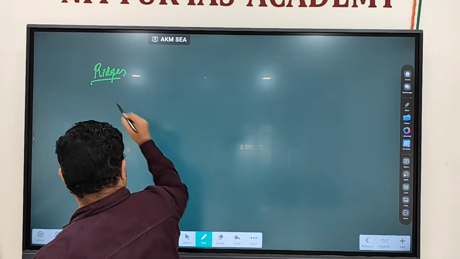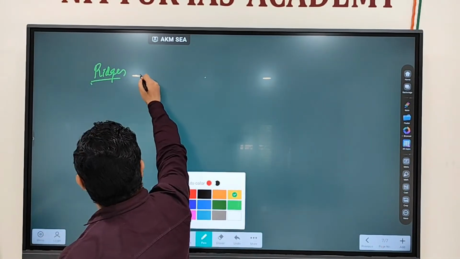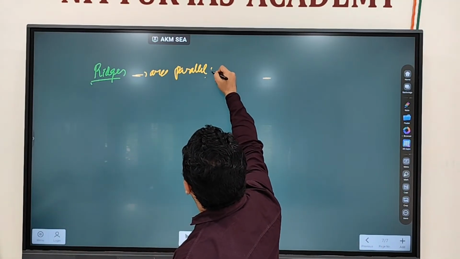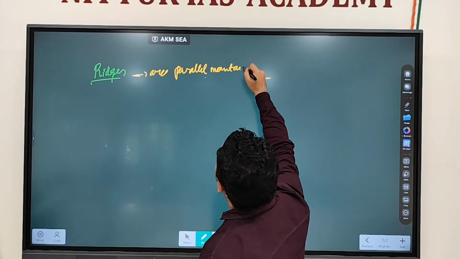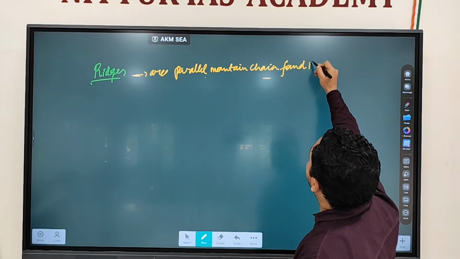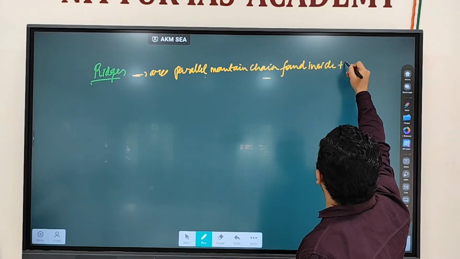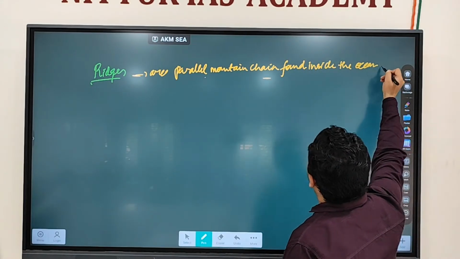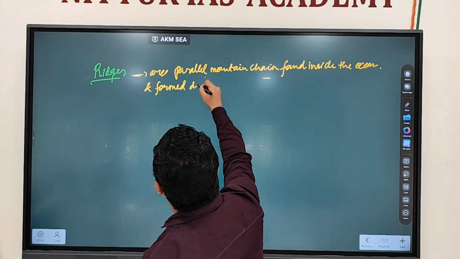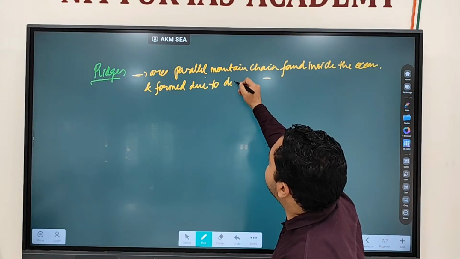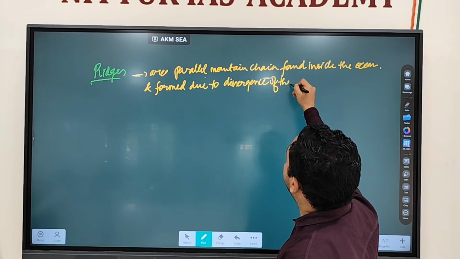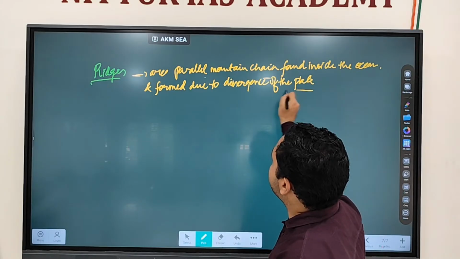Ridges are a parallel mountain chain found inside the oceans and formed due to divergence of the plates.